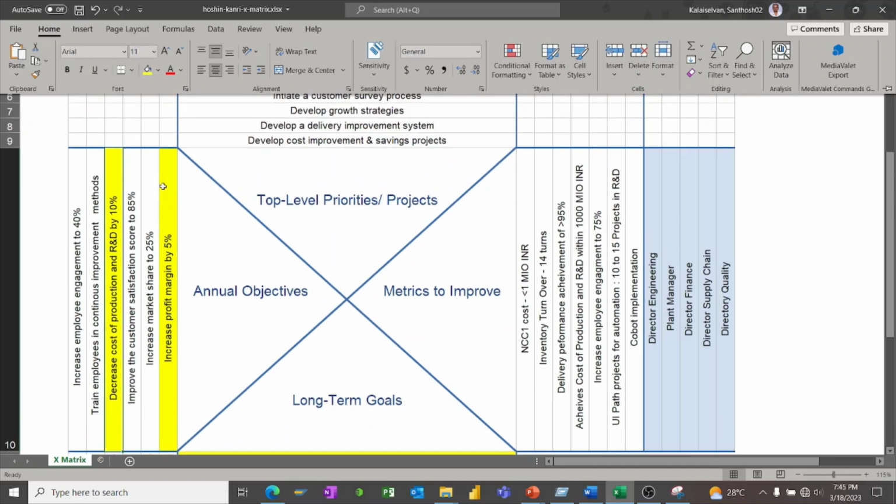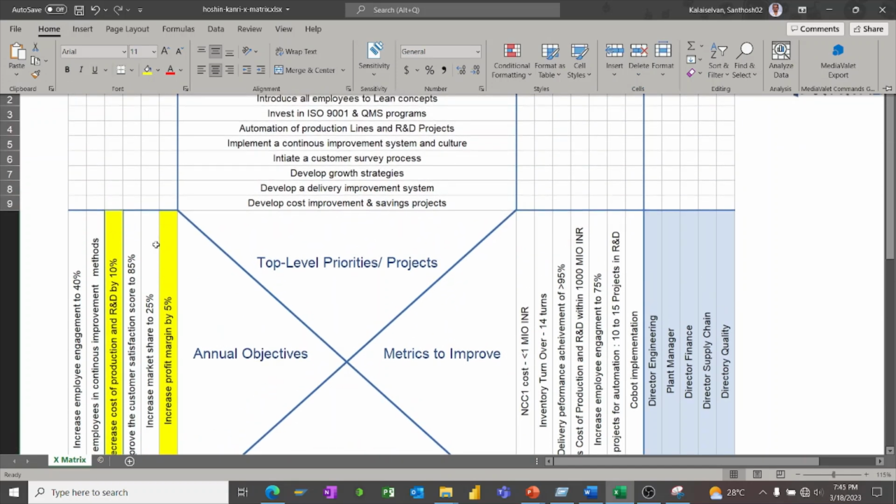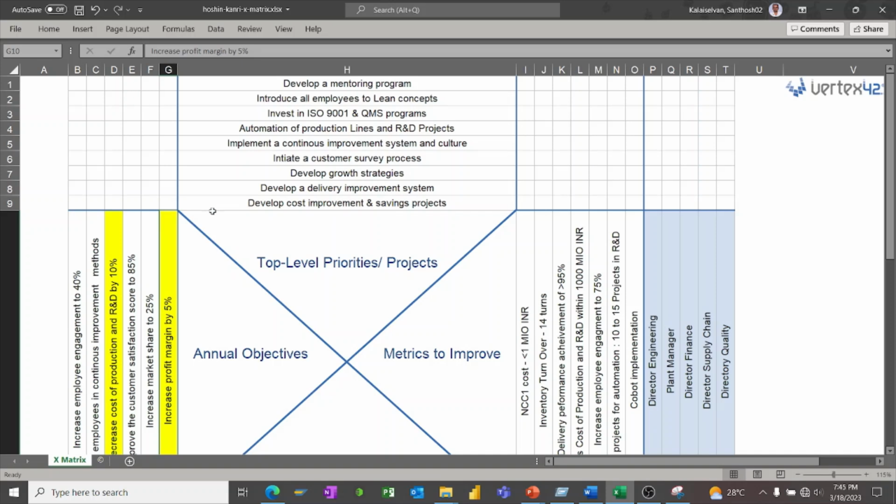So now we have to focus on this. Okay, yellow color, how it can be mapped or correlated with the programs to increase the profit margin by 5%. Yes, this is a primary correlation. For this annual objective of increase profit margin by 5%, develop cost and savings programs is this.